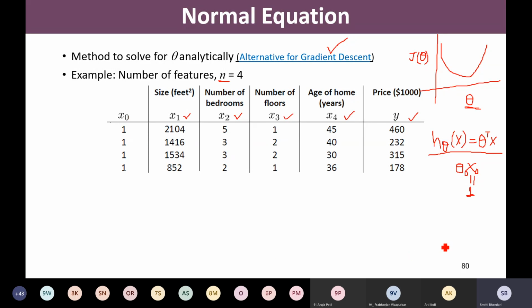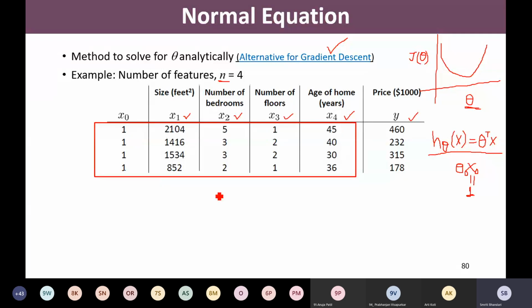Now I am having 5 features total. Earlier actual features I had n equal to 4, and I have added this x0 extra feature with value 1.